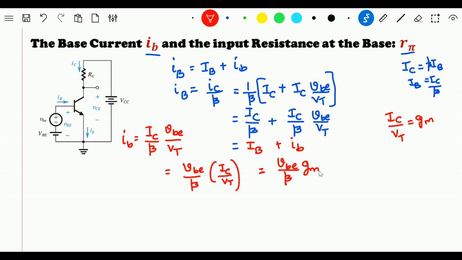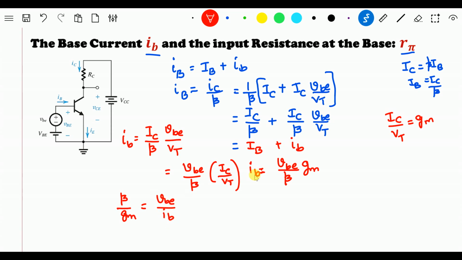So if I take beta this side and gm this side, I can easily write this ratio as beta by gm equals small vb by small ib.